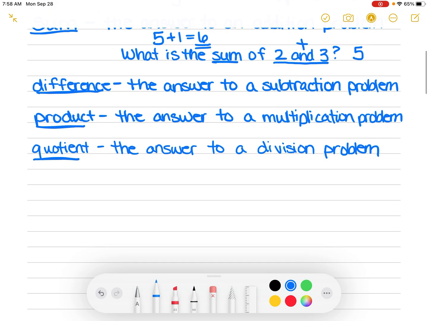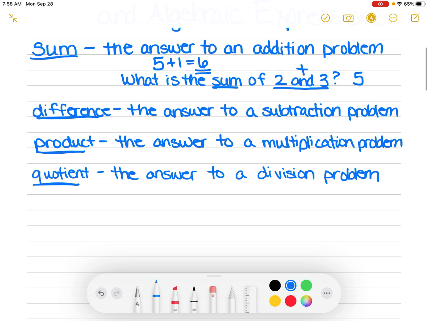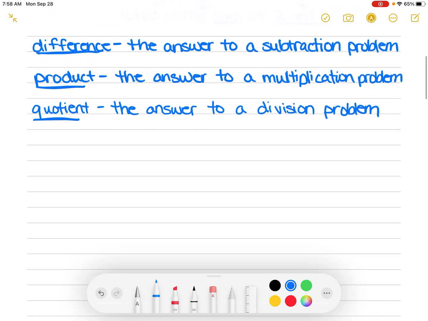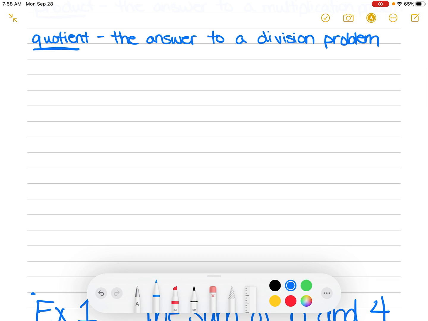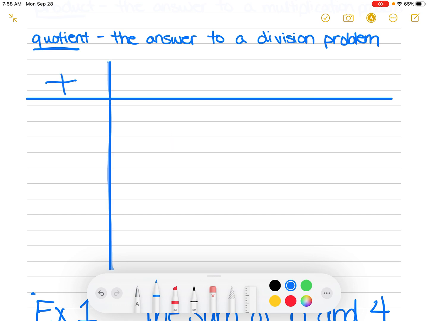Okay, let me see if I have enough room down here. Yeah, I do. Okay, so now that you've had those all written down, we're going to make a list of different words we use for the different signs.